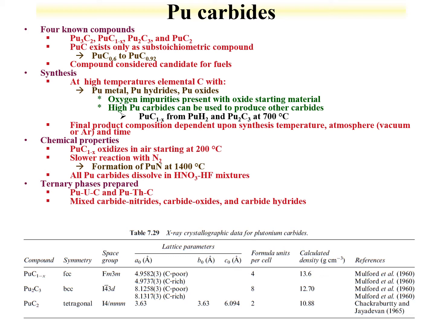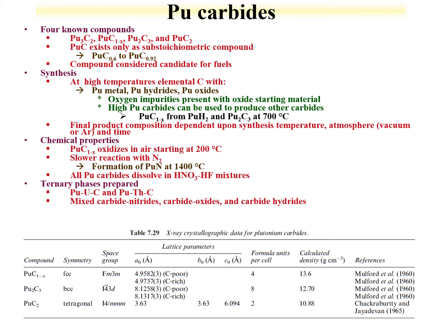For the synthesis of plutonium carbides, you can use the metal, the hydrides, or the oxides with elemental carbon. So they can be combined together at high temperature, and the carbides are produced. Controlling the stoichiometry can be useful for controlling the final product.